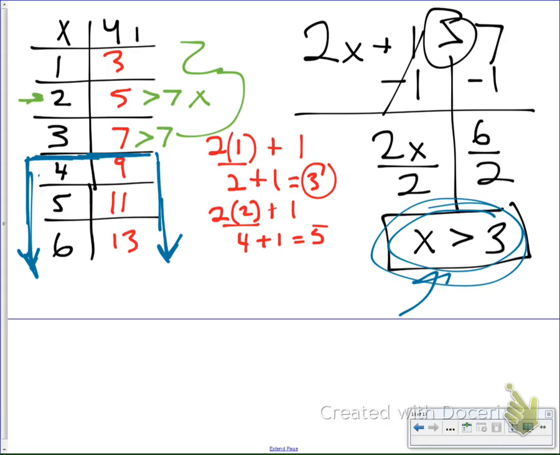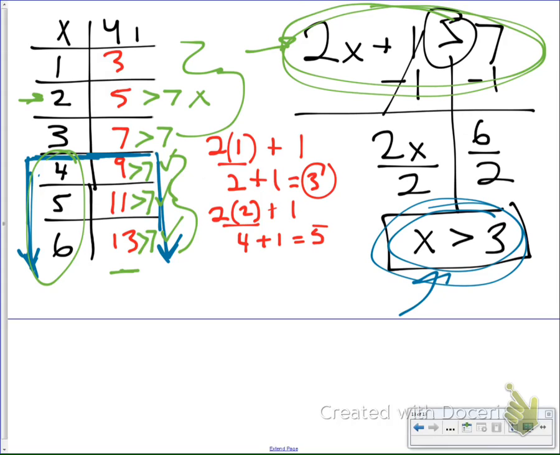If I look at my solutions that are included, 9 greater than 7, check, that works. 11 greater than 7, check. 13 greater than 7, check. So what we're doing with our table is showing that when I have these x values and everything beyond that, my y values on my right side all make my original inequality true. So that's what we're looking for.